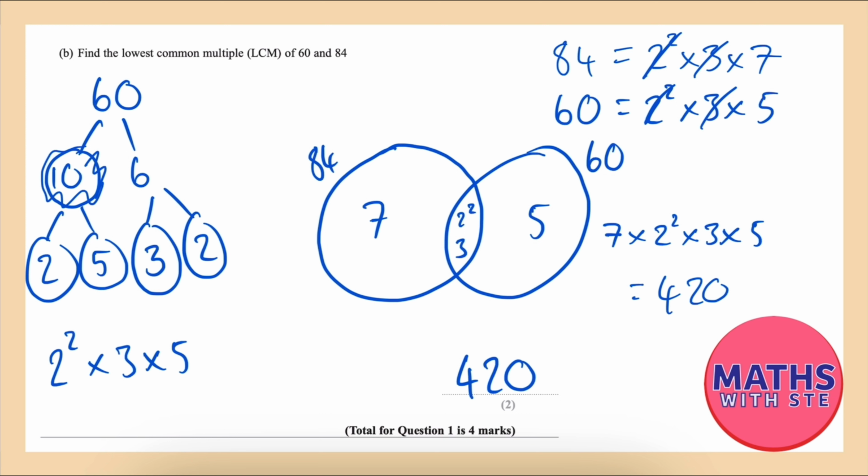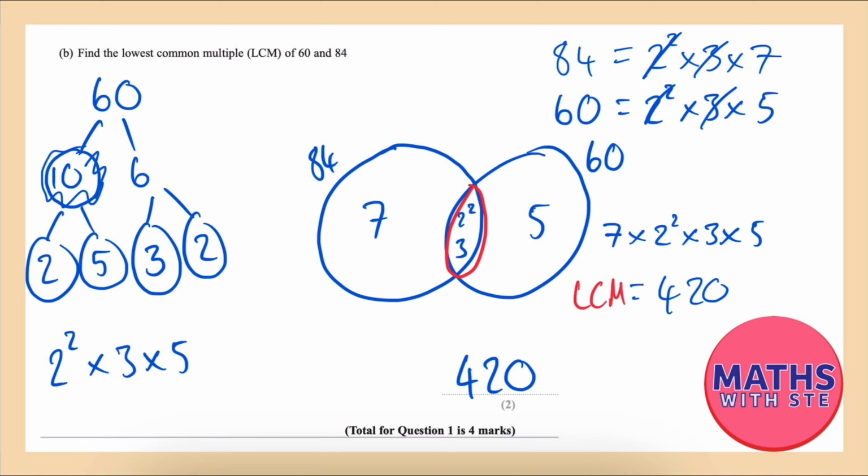420. And that's how you do these kind of prime factorization, finding lowest common multiples, highest common factor questions. If you needed to find the highest common factor, that comes up quite a lot. I'll just do this in a different colour. If you needed to find the highest common factor, that is in the intersection. So that's where these Venn diagrams really come in helpful. So this one was the lowest common multiple.